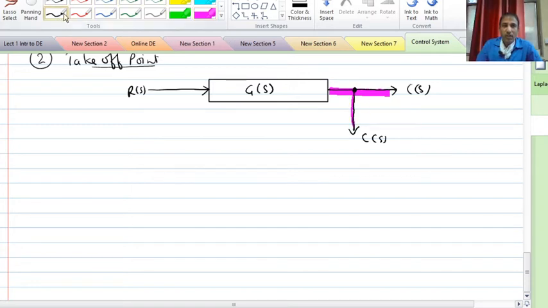Now what will happen if we want to move this takeoff point from this position to this position, that is from after a block to the before a block position.